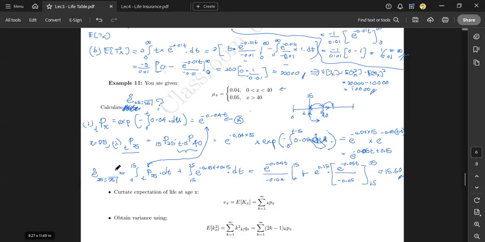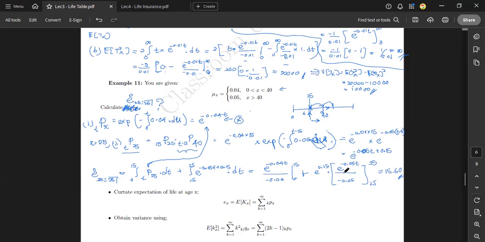Then we apply the definition for the limited expectation of a person who is at age 25 for the next 25 years. Again, we have to think about the division from 0 to 15 and 15 to 25, then use the respective exponential functions for the survival probability and integrate it. You will get the final answer.